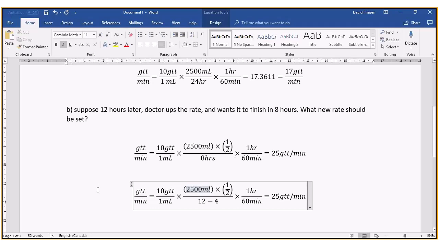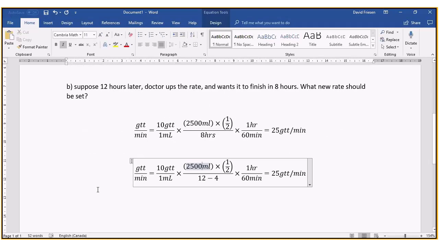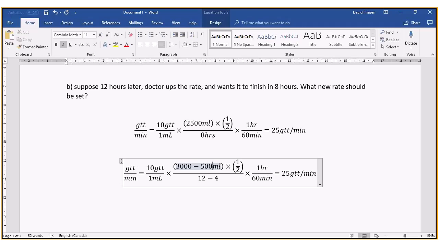The other place you might have to do subtraction is maybe somewhere here. So maybe there was a 3-liter bag of saline, and the physician wanted 2,500 milliliters to be used. You might have to dump 500 milliliters out.